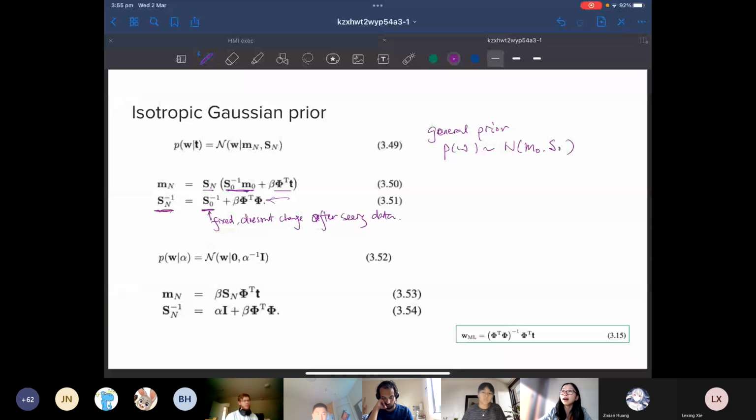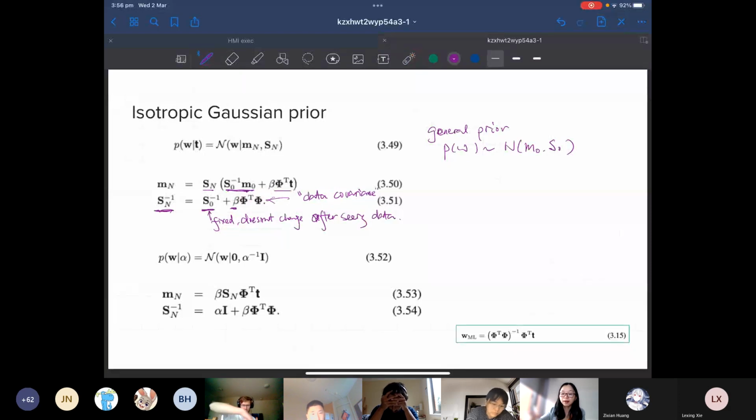Phi transpose phi we can interpret as the data covariance, with mean removed, assuming phi is centered. The trade-off between the two is beta, the prediction uncertainty. Remember, this phi is a big long matrix if we have lots of data, which means the magnitude of the second term will grow as we have seen more data.